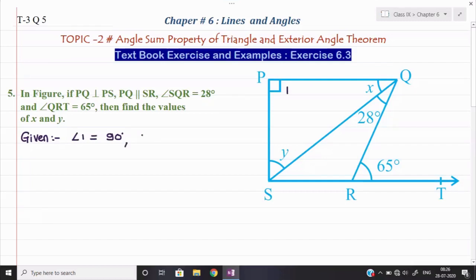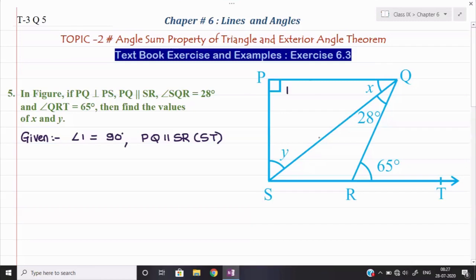Second thing, PQ is parallel to SR, and in the bracket I am writing ST, because SR is a part of ST. So if PQ is parallel to SR, it means that it is parallel to ST also. Now we have the value of angle SQR.